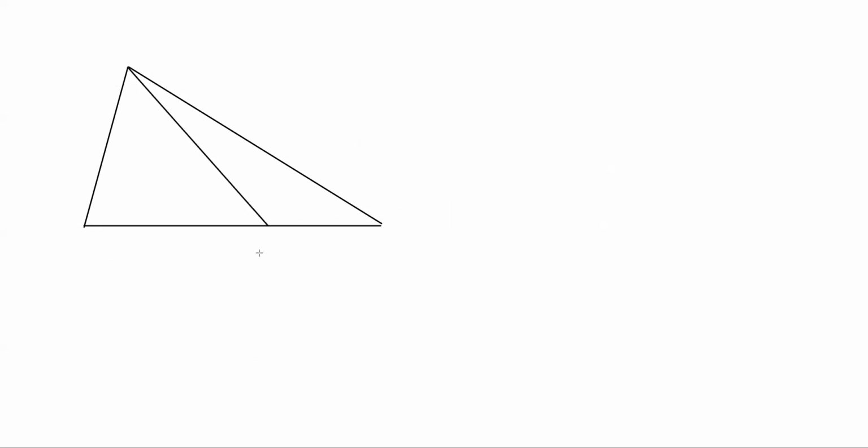If there are these three cevians, lines coming out from the vertices, do you know what you can say about this ratio BD by DC and so on?